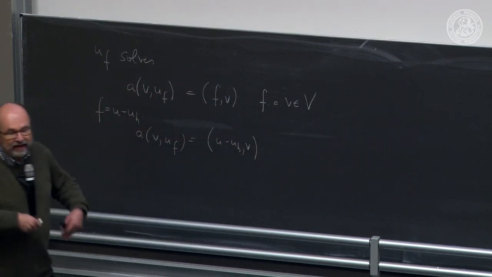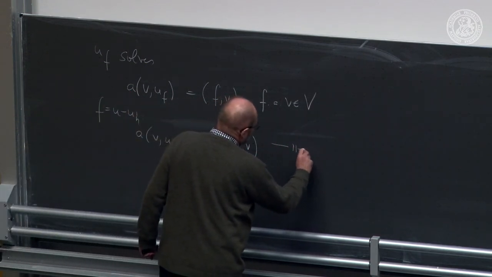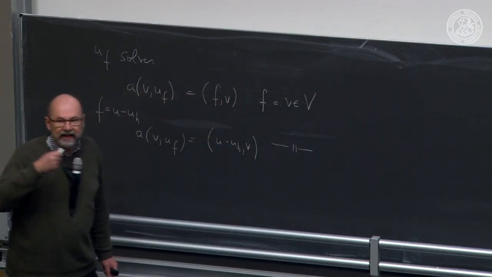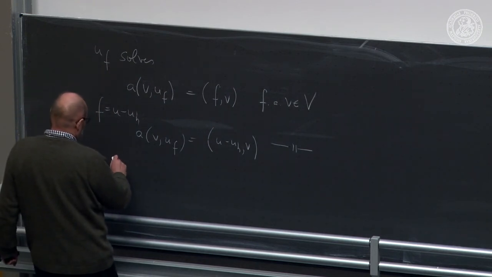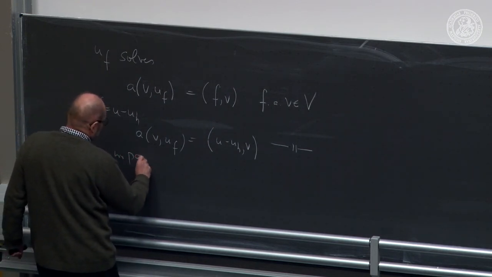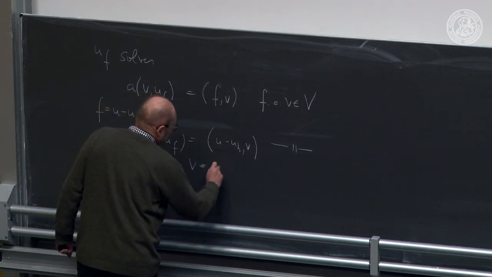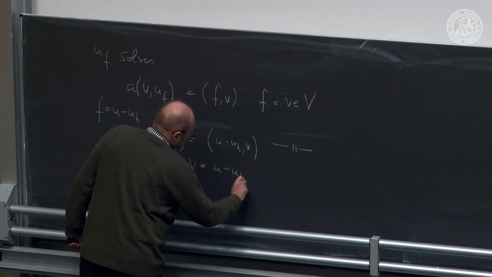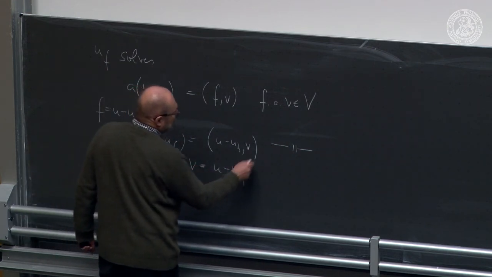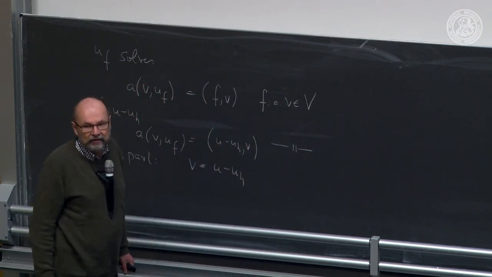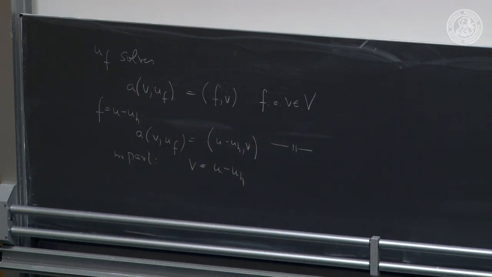And now, as in every variational formulation, we are free to exploit this variational formulation by selecting appropriate test functions. And this we do if we look in particular at the test function v equals u minus uh. This is an element in this space. We're talking about conforming methods. So, this is written down here.